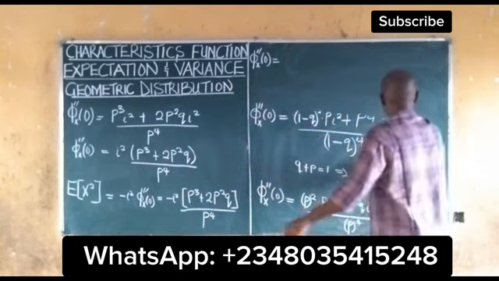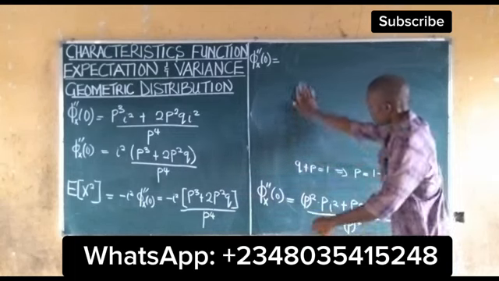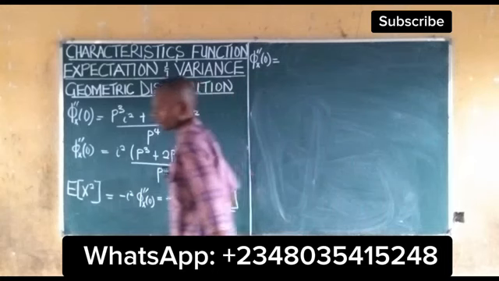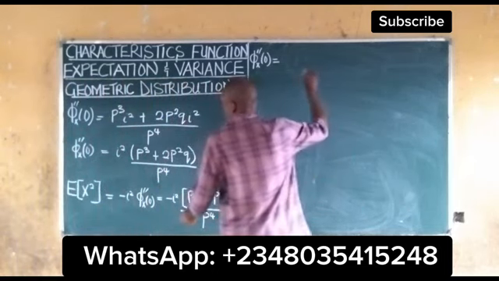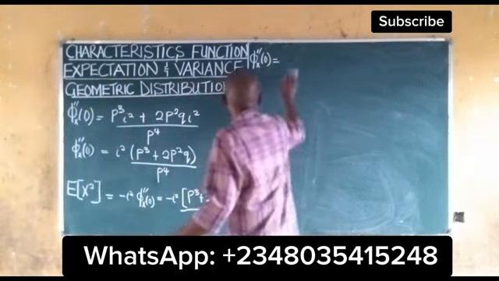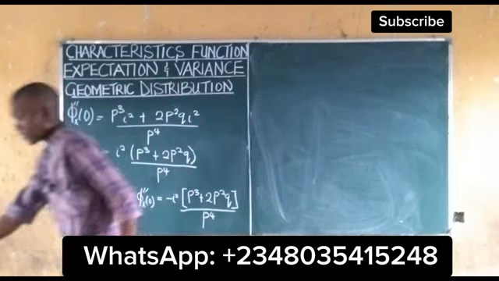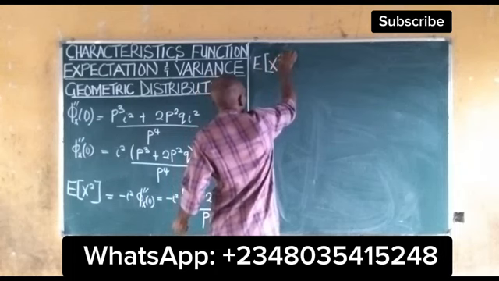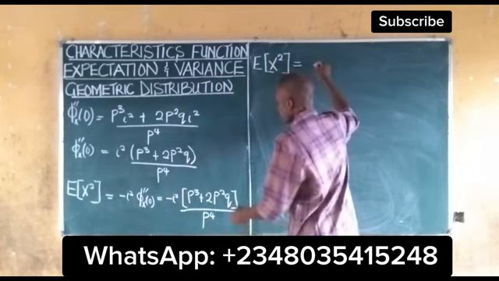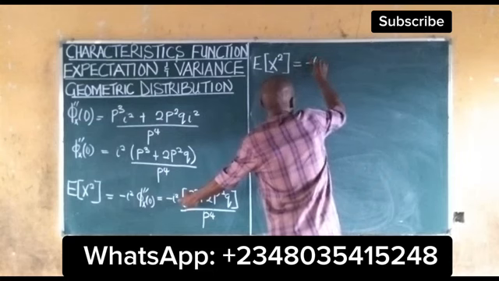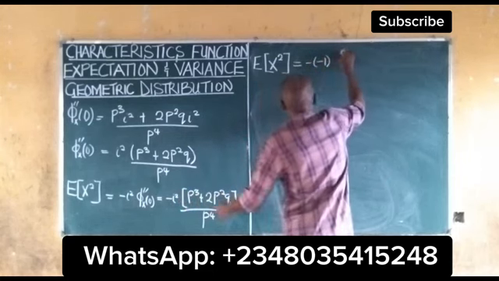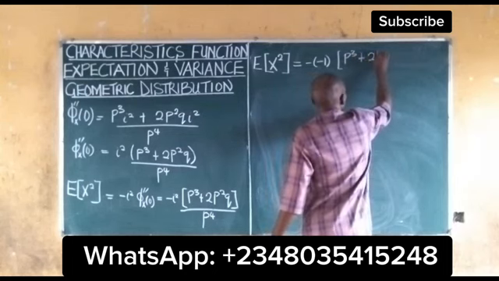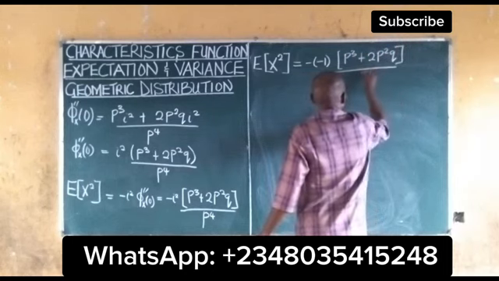So we move over to this side of the board. So we have our expected value of x squared to be equal to, this means negative into negative 1 multiplied by p3 plus 2p squared q all over p4.